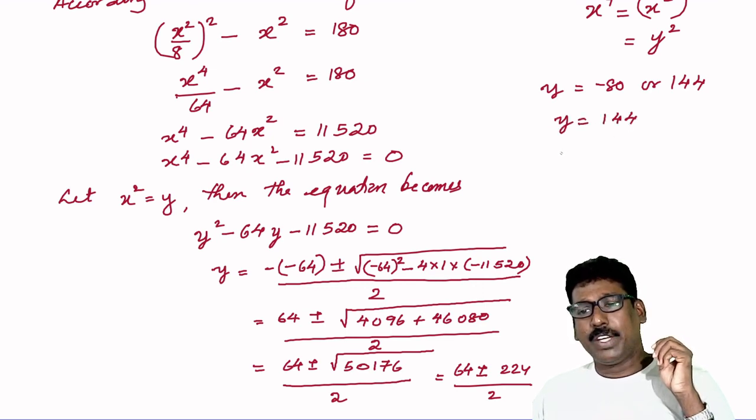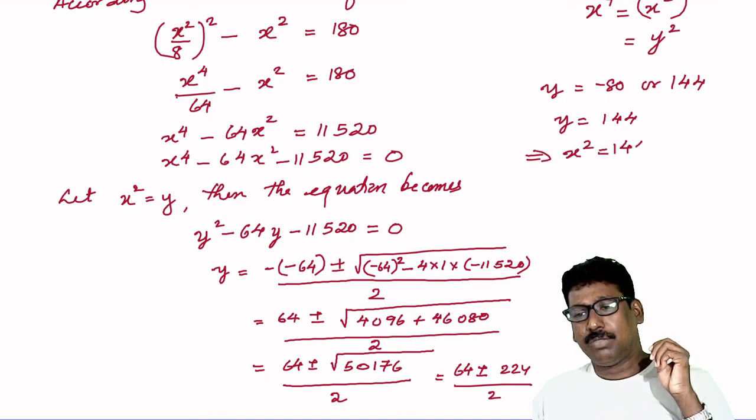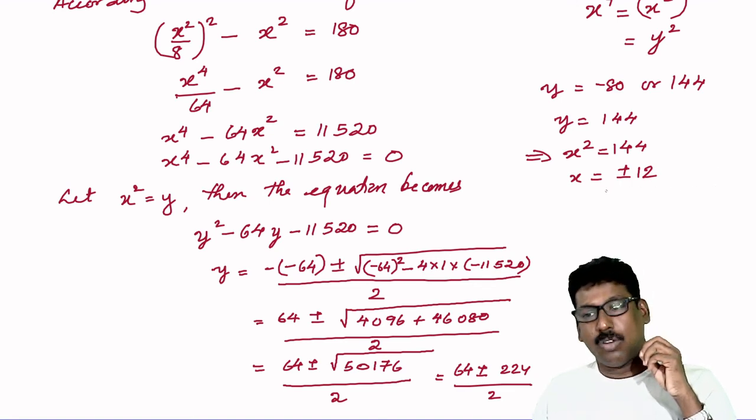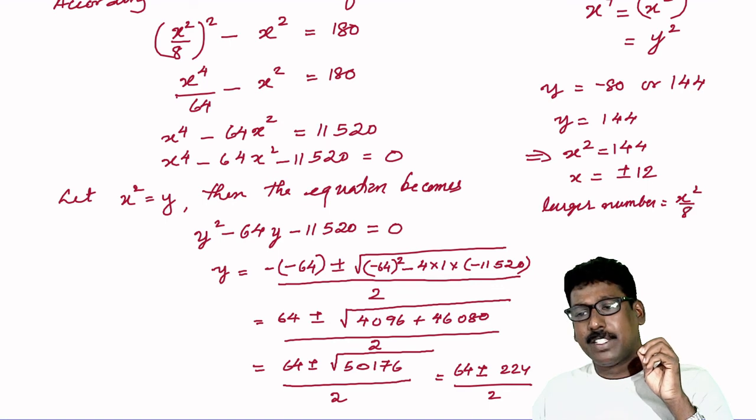But actually y means, which implies x square is equal to 144. So x is equal to plus or minus 12. That is the smaller number, you can take it as plus or minus 12. And what about the larger number? Larger number is equal to x square by 8.